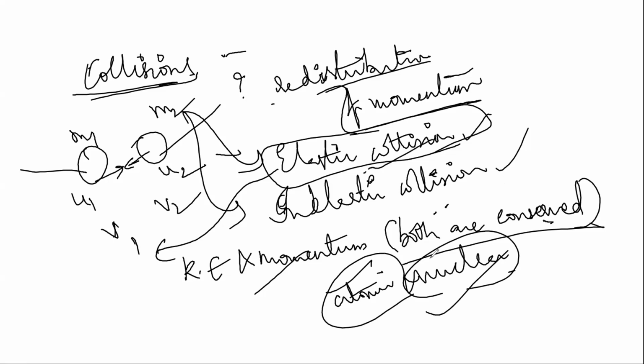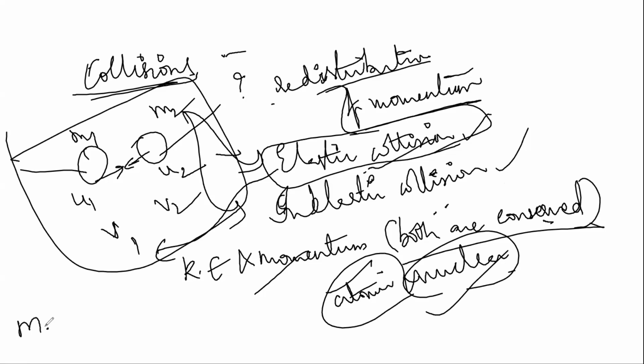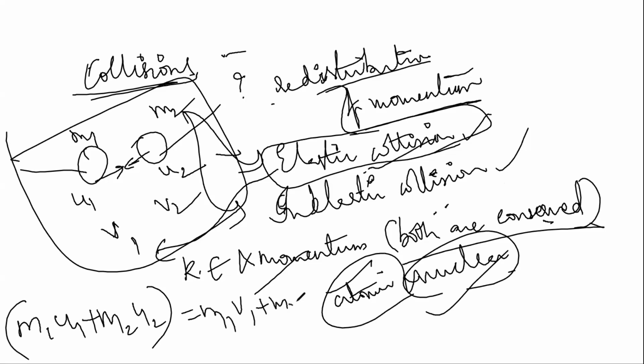That means if I consider this system, first is momentum conservation: m1u1 plus m2u2, the initial momentum of the system, equals m1v1 plus m2v2, the final momentum of the system. So this is conservation of momentum. I also want conservation of kinetic energy.